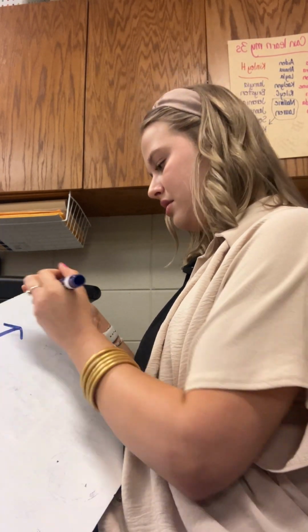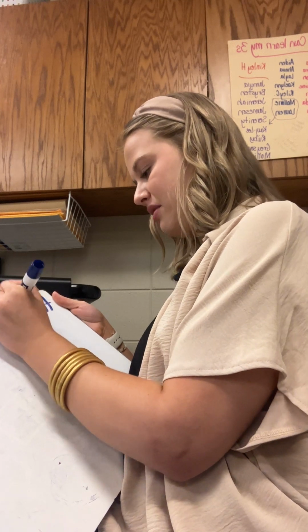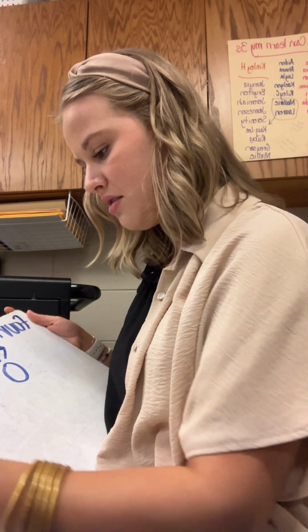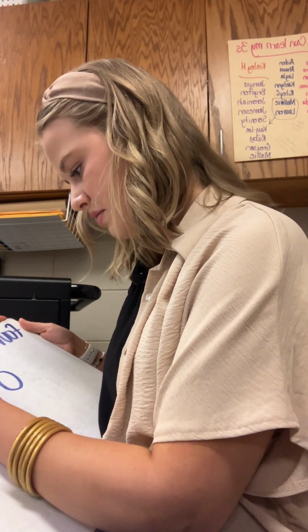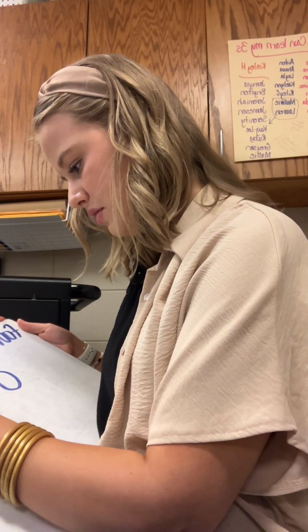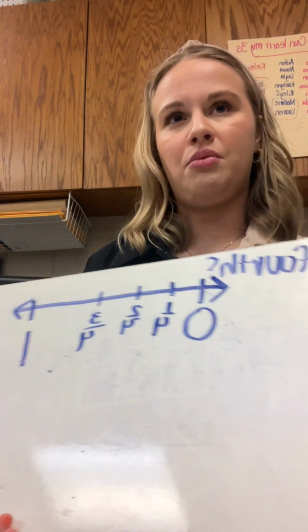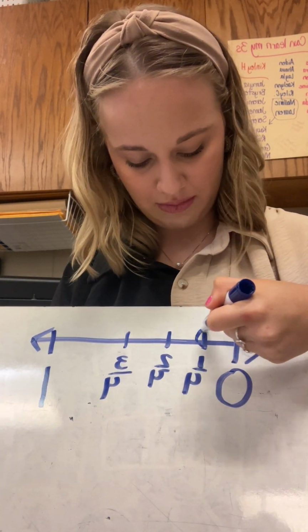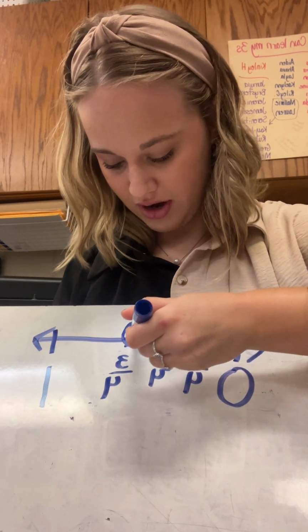I'm gonna make this number line for fourths. We're gonna compare those fractions that we did before. So I'm gonna put 0 here, 1 here, 1/4, 2/4, and 3/4. So we did 1/4 and 3/4, right? So our 1/4 is gonna be right here, and our 3/4 is right here.